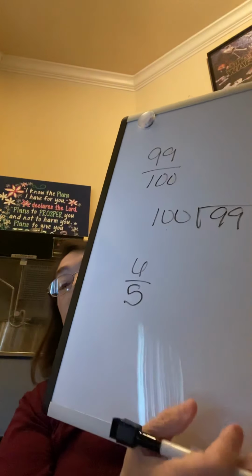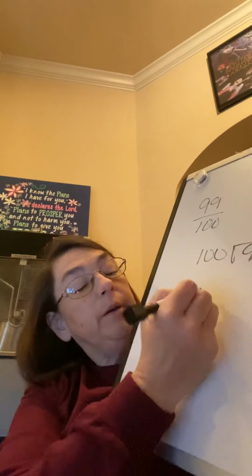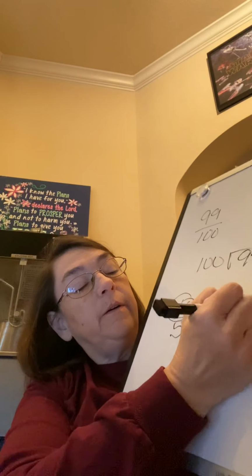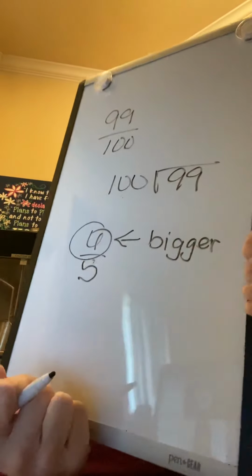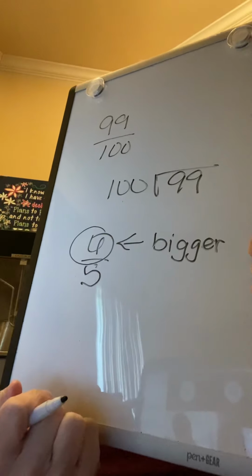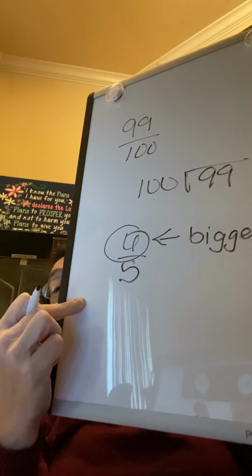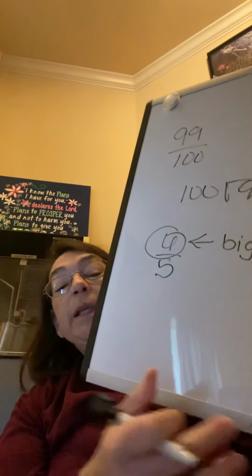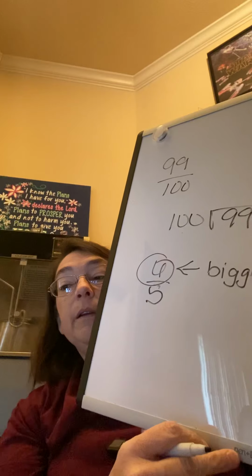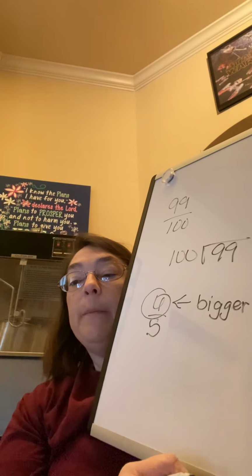6/5. Is that greater than 1? Yes. Let me give you a hint, guys. If your top number is bigger than your bottom number, it's greater than 1. Does that help? So is 6/5 greater than 1? Yes. Is 7/8 greater than 1?